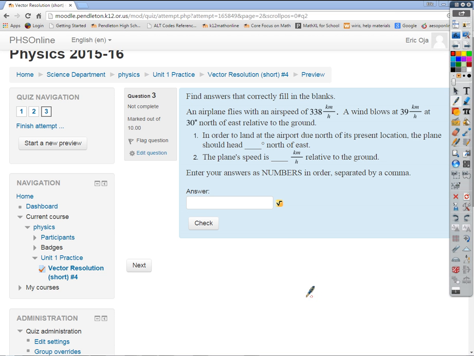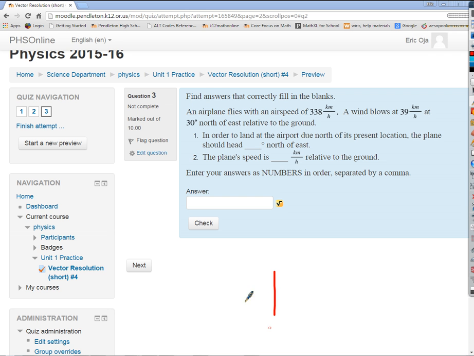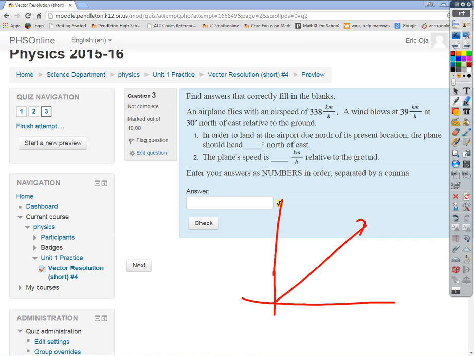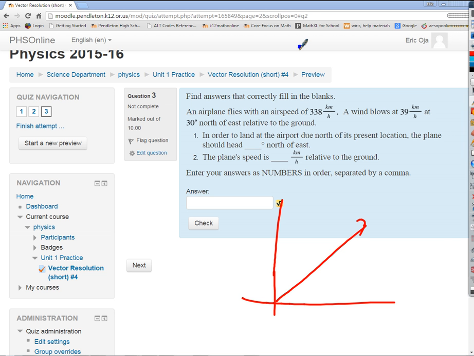So here's the wind. Right, the wind is blowing like that. I want the airplane to end up landing right up here somewhere, don't I? So we need the velocity vector to be due north. When we add the vectors tip to tail, it has to be due north, doesn't it? Yes.